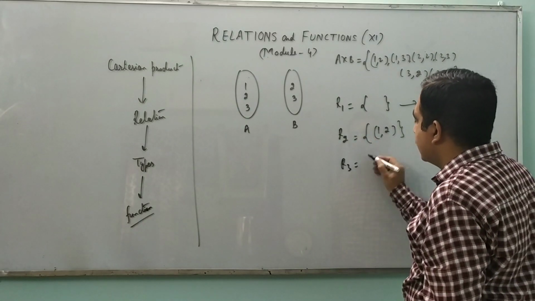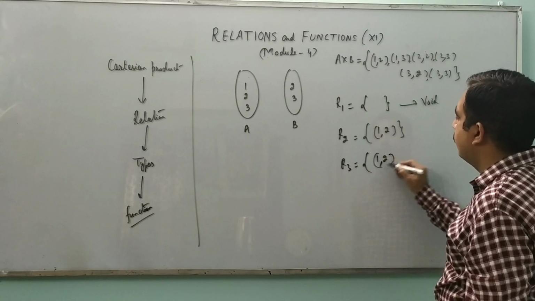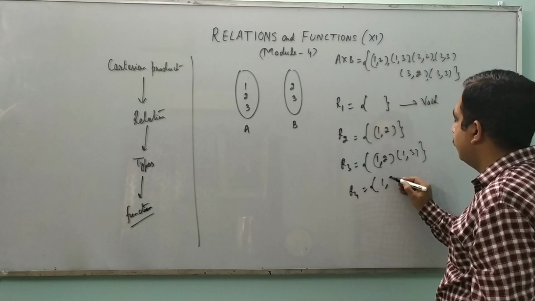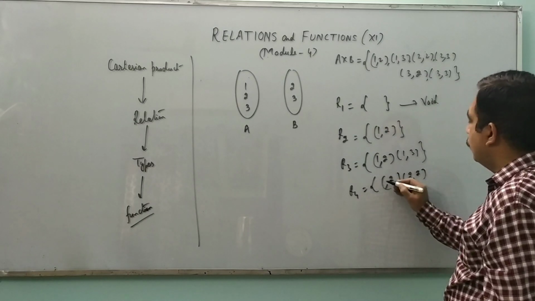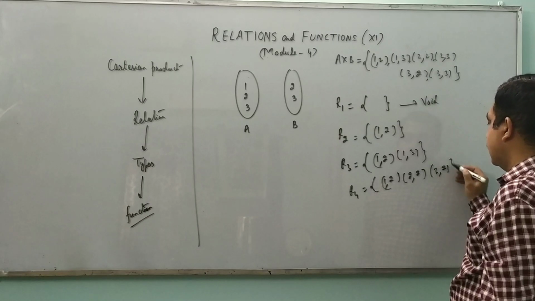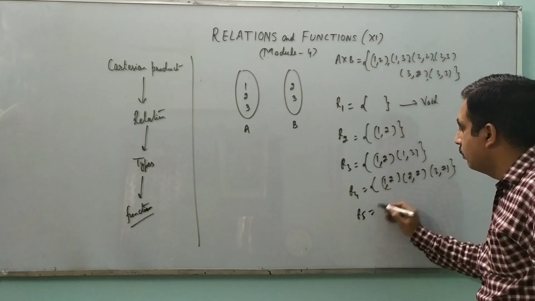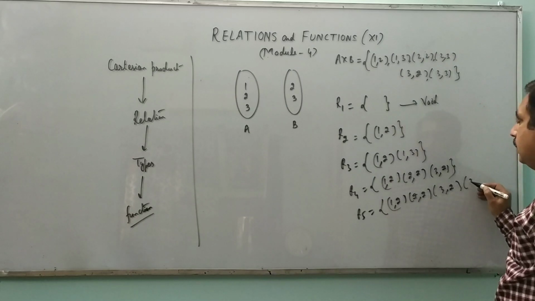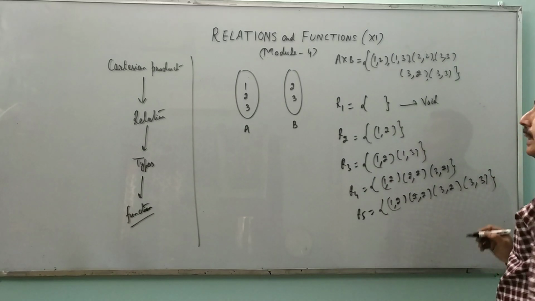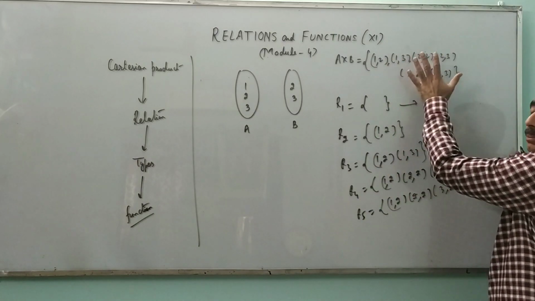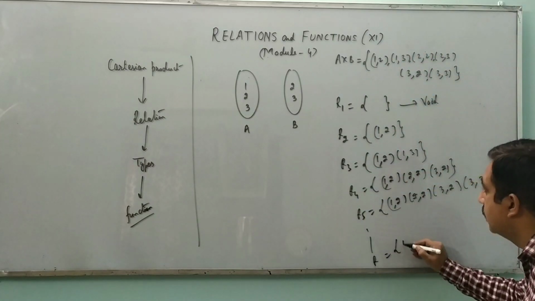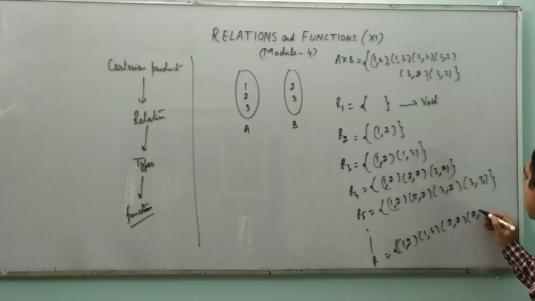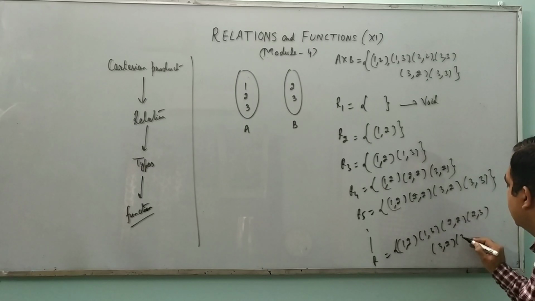If I write down the next relation which contains only (1,2) and (1,3), this is also a relation. Next, (1,2), (2,2) and (3,2), also a relation. Again, (1,2), (2,2), (3,2), (3,3), also a relation. Take 1 element, 2, 3, 4, take all the elements: (1,2), (1,3), (2,2), (2,3), (3,2), (3,3).